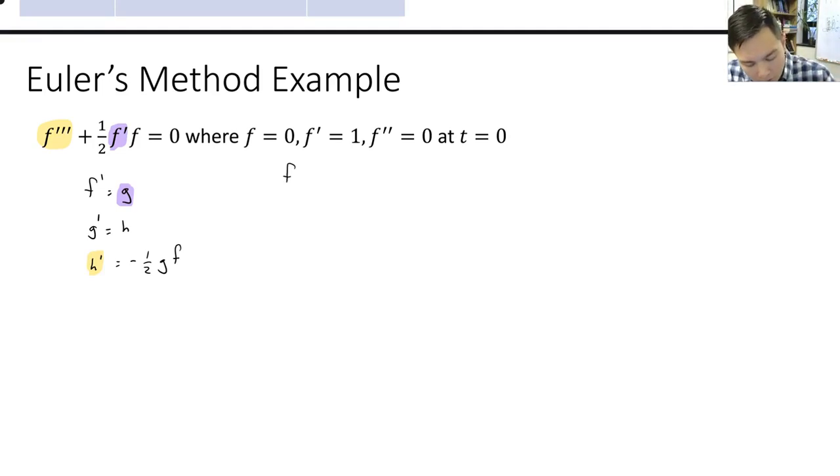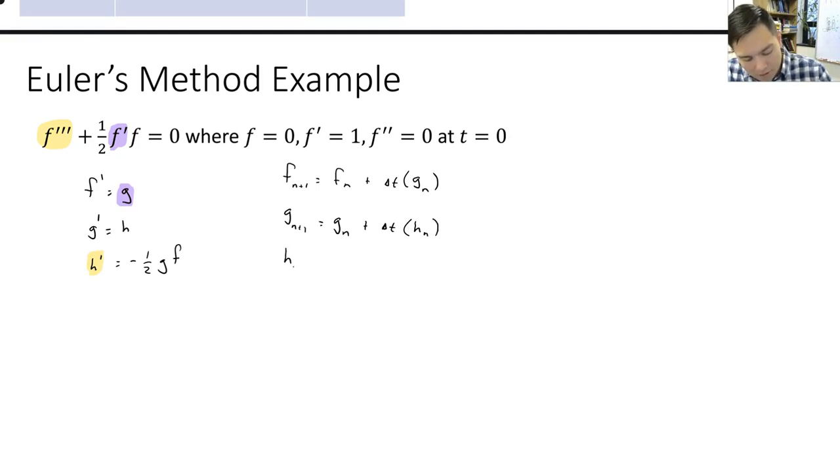So we would say, okay, well, I can say f_{n+1} is equal to f_n plus delta t times df/dt, which in this case is just g. Then I have my g_{n+1} is equal to g_n plus delta t times my dg/dt, which is going to just be h_n.